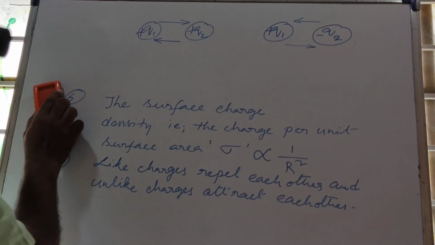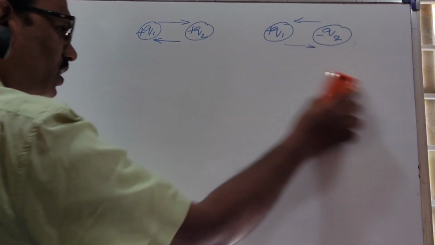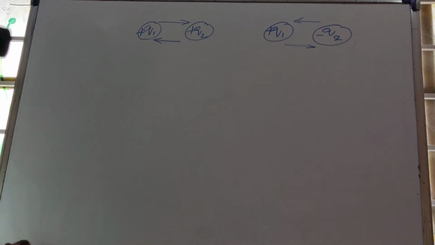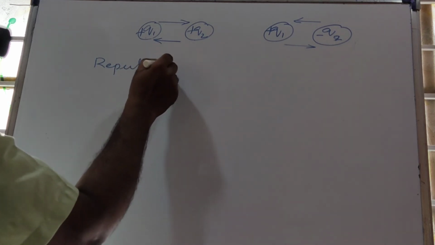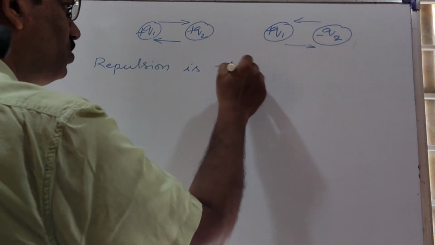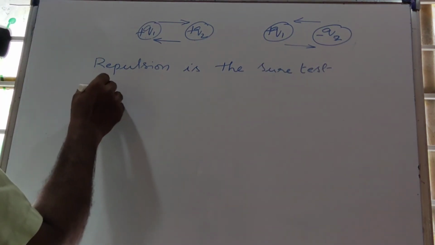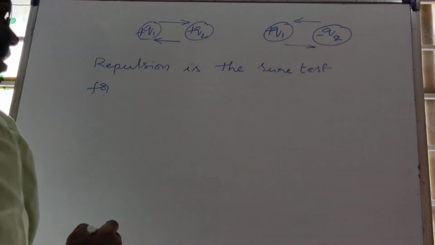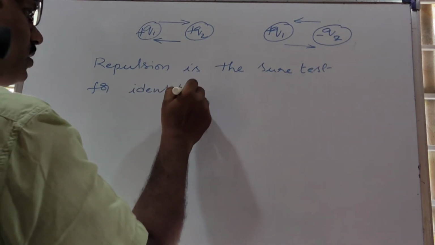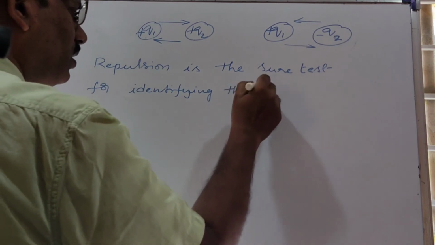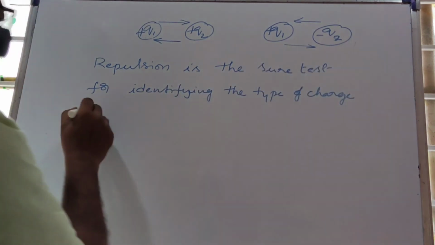And here we have to note an important point. That one is, repulsion is the sure test for identifying the type of charge present on a body.